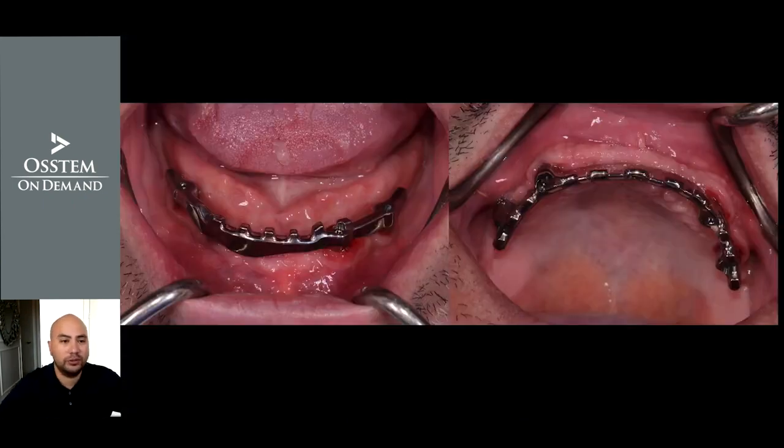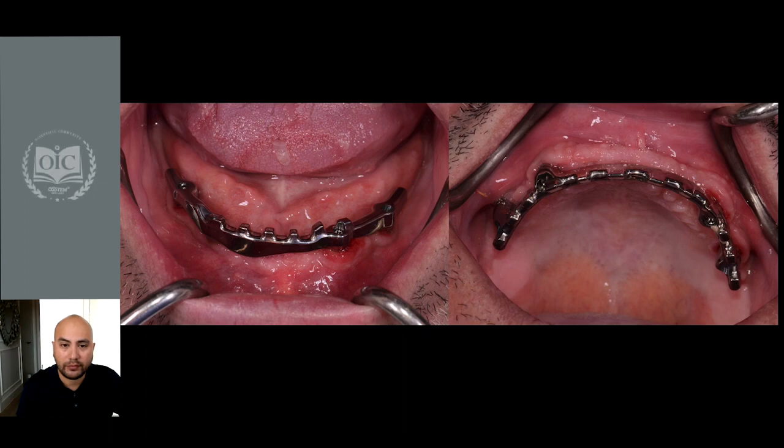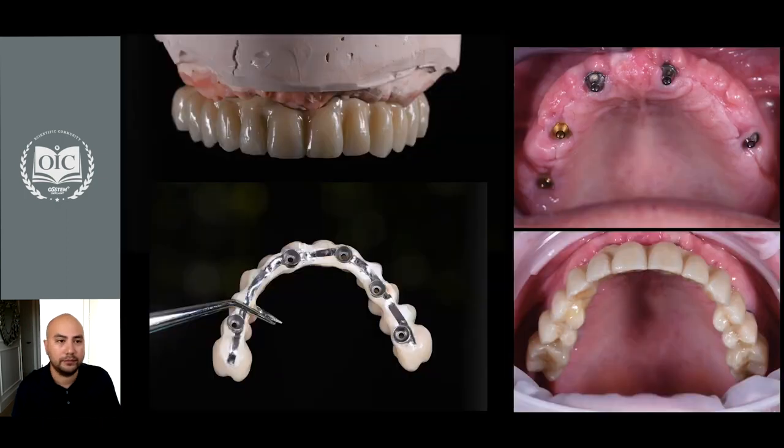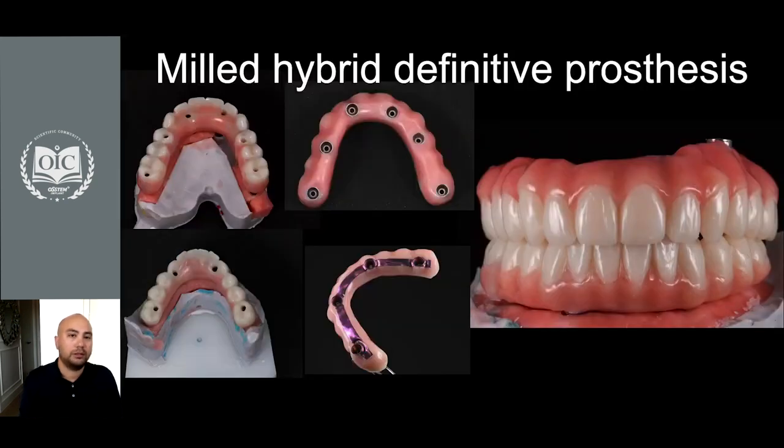What we usually do is try this bar and assess the fit clinically in the mouth, with or without the wax bridge on top of it. The bar can now also be designed to fit the residual ridge, or it can be covered completely by the acrylic.